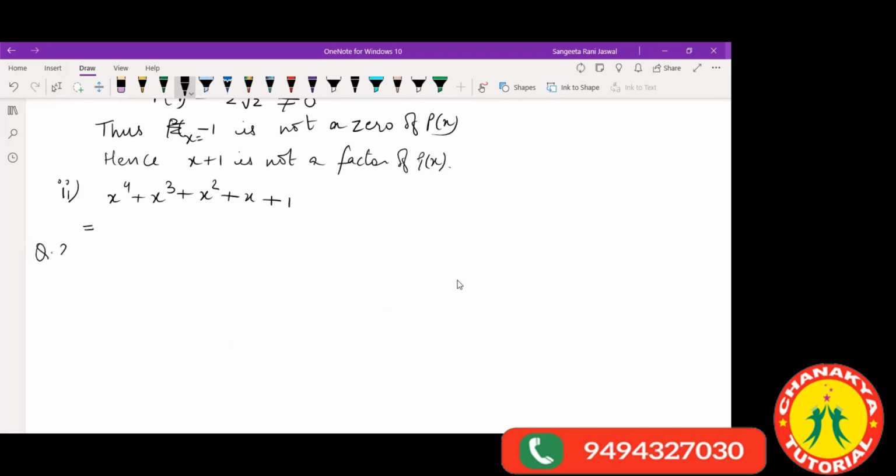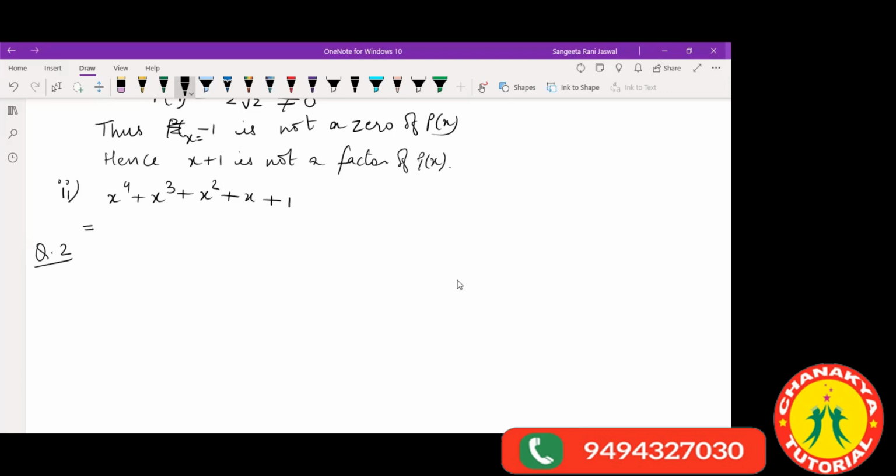Okay, now see question number 2. Use the factor theorem to determine whether g(x) is a factor of p(x). You have to verify using the factor theorem that the polynomial g(x) is a factor of p(x). Now let's see what kind of questions we are given.